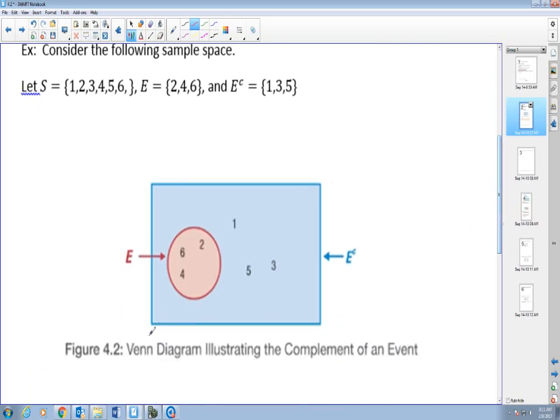And we can use what we call a Venn diagram to illustrate. This whole thing is your sample space, because this whole thing includes 1 through 6. So if this is an event E, then what is not in the event E is called E complement.